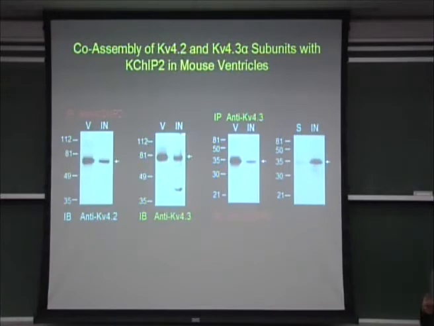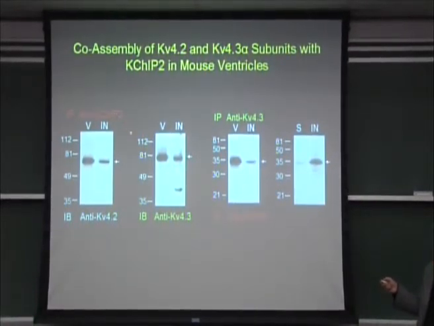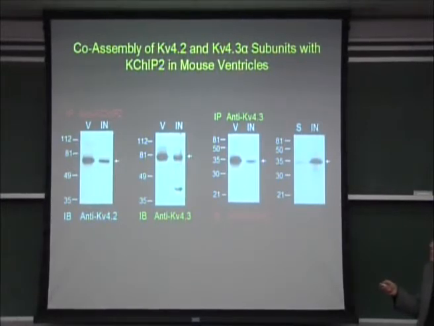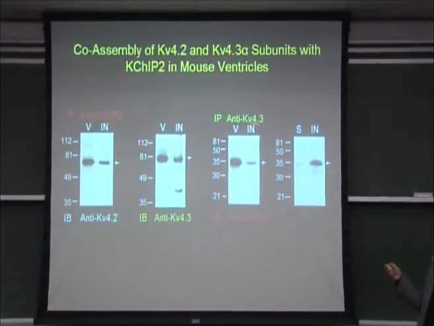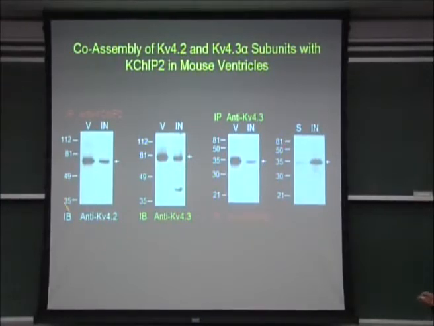So the channels are heteromeric, if you will, they're not homomeric. And in these experiments, what we wanted to ask was whether or not K-chip also co-assembled with the KB4 subunit. So we did two experiments, immunoprecipitation with the K-chip antibody and immunoprecipitation with the KB4 antibody, and then probed with the alternate antibodies in both cases.